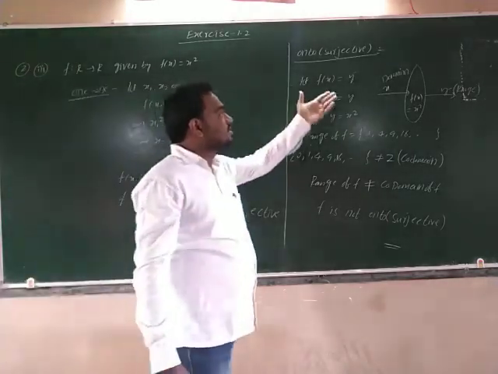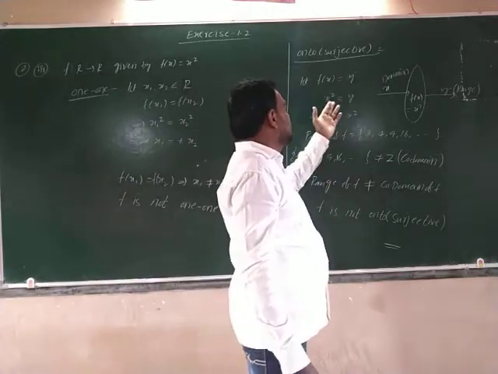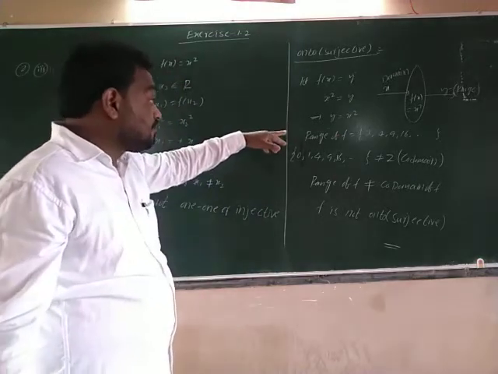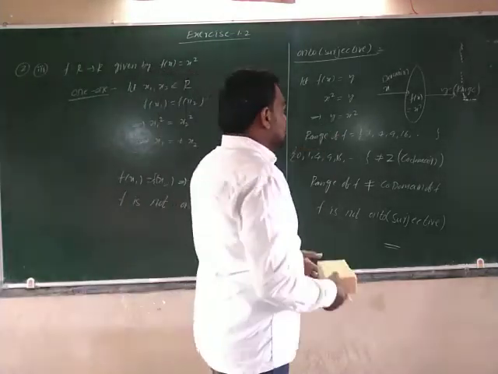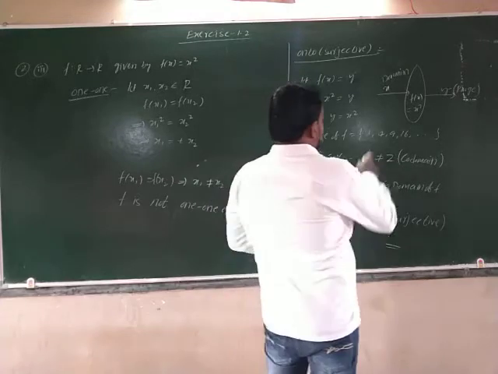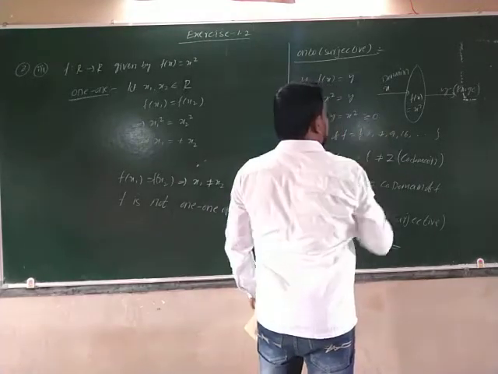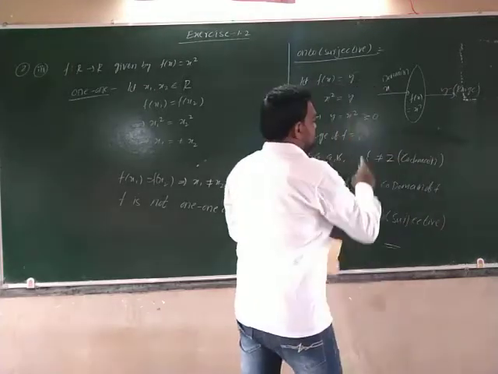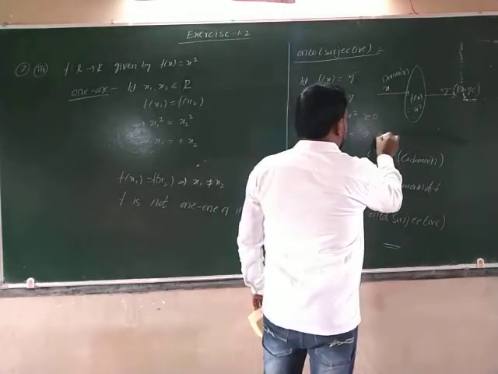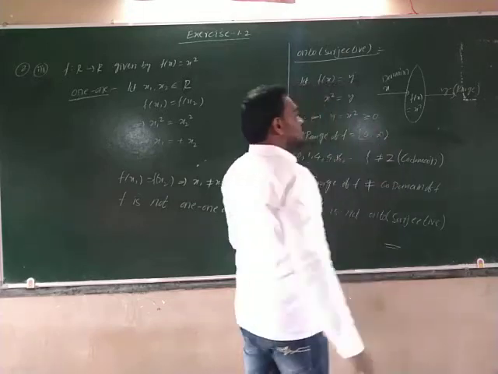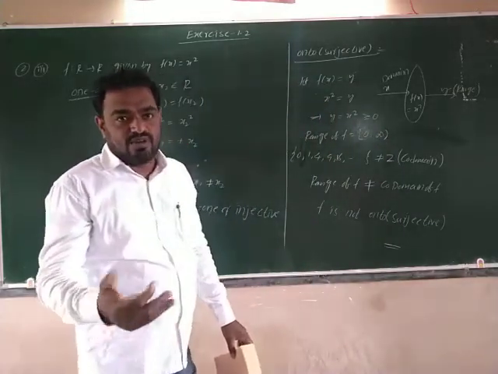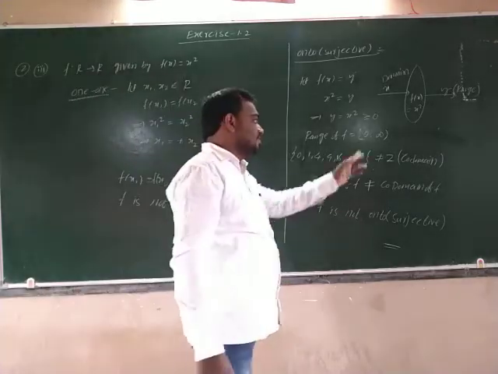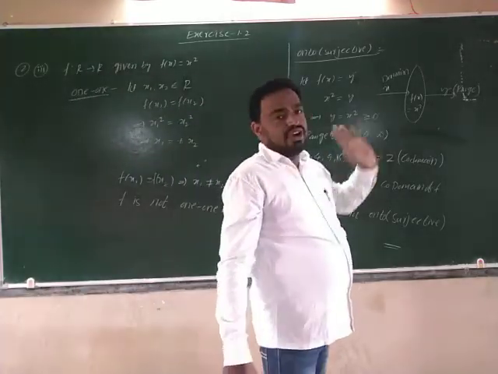Next, coming to surjective, say f of x is equal to y. Here x square is equal to y. Here x square is always positive, so greater than or equal to 0. The range of f is 0 to infinity. For example, x is equal to minus 1 by 2, minus 1 by 2 whole square means 1 by 4. So minimum 0, maximum infinite values we are getting.